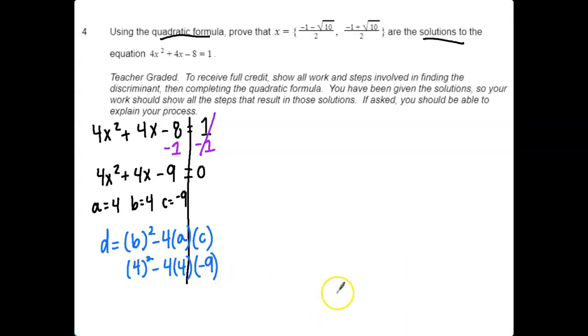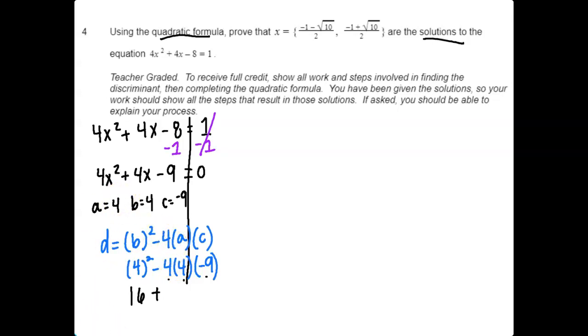You can use a calculator for this, but you can also do some of this in your head. 4 squared is 4 times 4, which is 16. Right here, I've got 3 numbers being multiplied. A negative times a positive is a negative, but a negative times a negative is a positive. So I'm going to put a plus sign right here. I do know that 4 times 4 is 16.